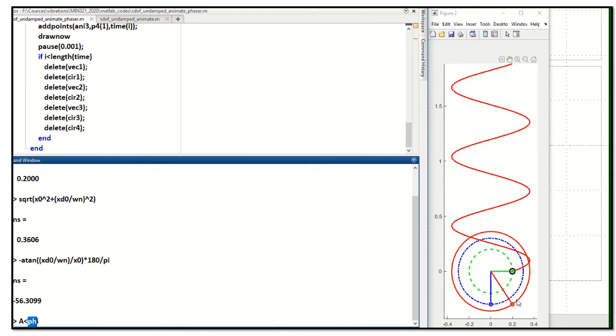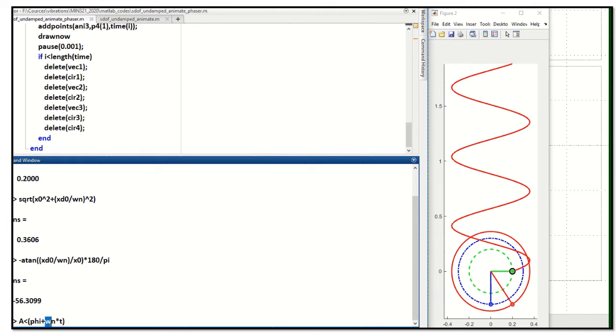Now as the time progresses, you will see that a certain additional angle will be added to it. How much angle will be added? The addition of angle will be equal to omega n into t, because we are assuming that this particle is rotating with a constant angular velocity.